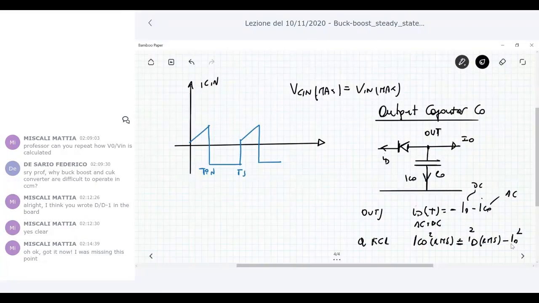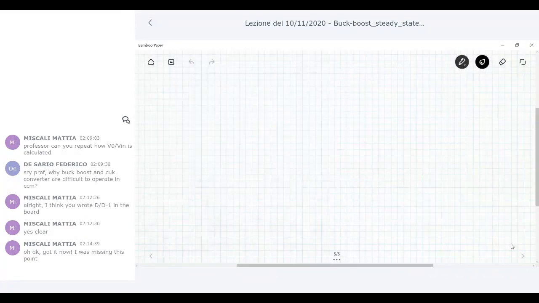Okay, now we have all the components of this equation, because the ID root mean square value is already computed.